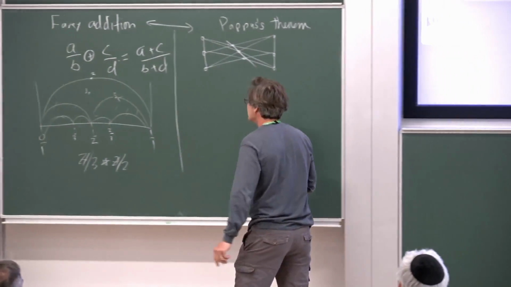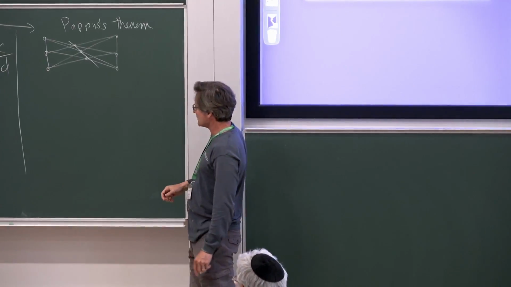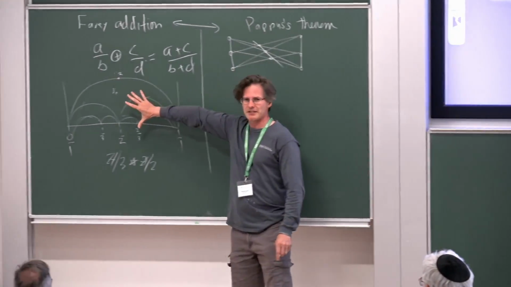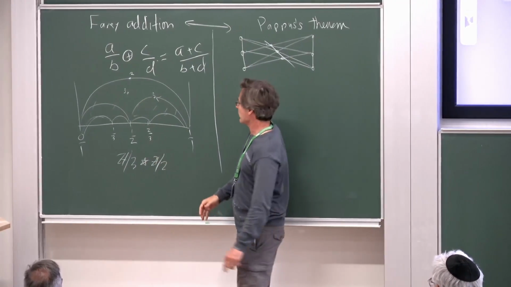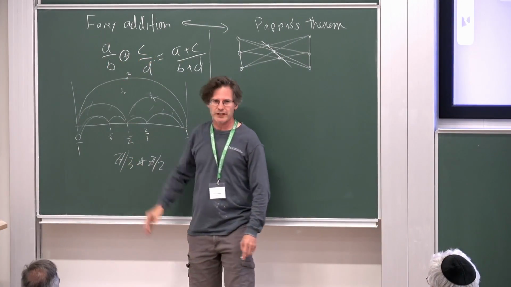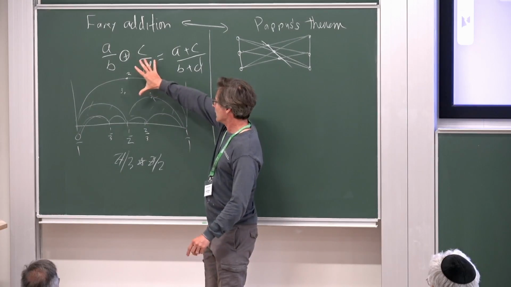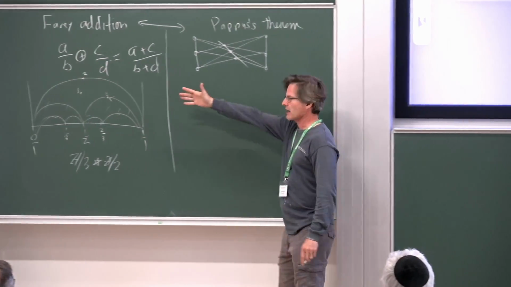So let me connect this to Pappus' theorem in a special case. What I want to say is that one particular case of Pappus' theorem is, in a sense, a copy of this operation.